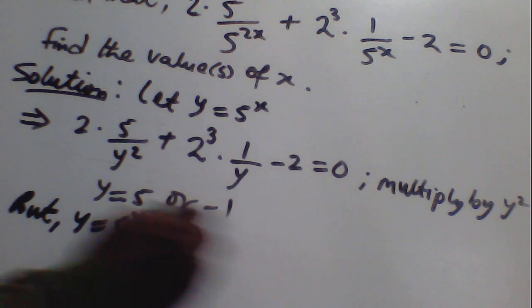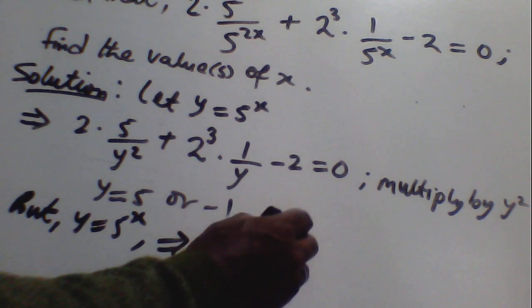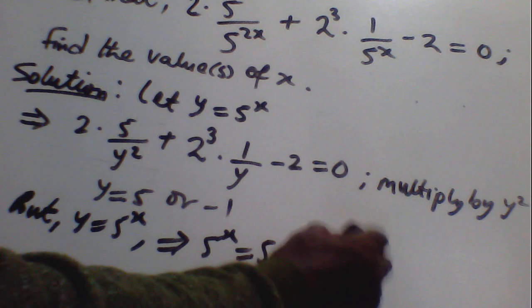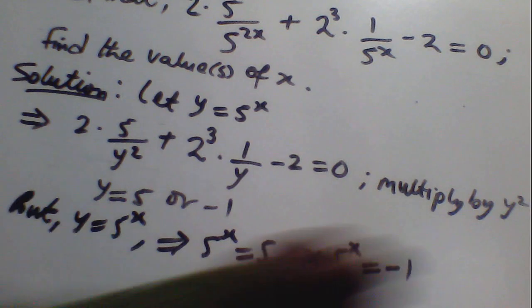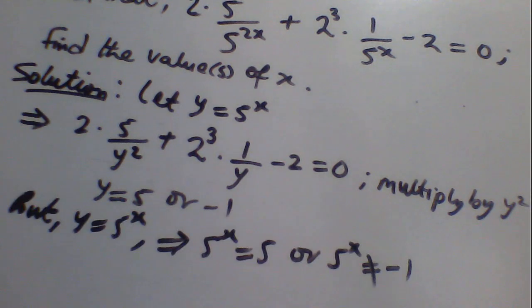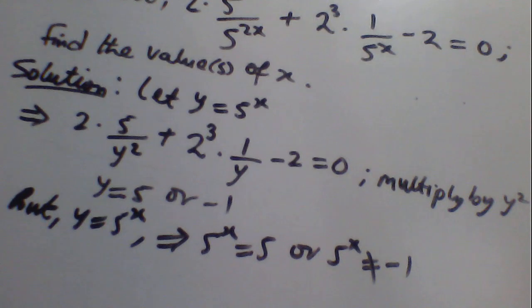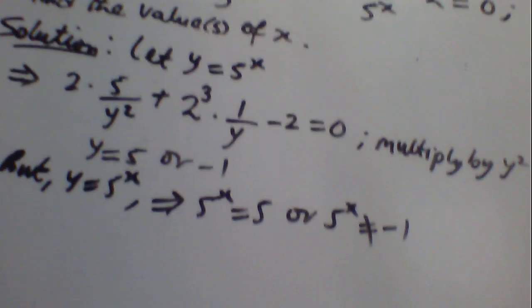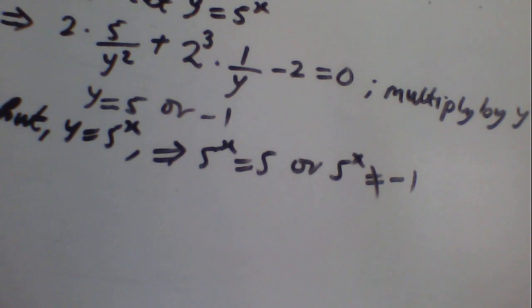This implies that 5 raised to the power x equals 5, or 5 raised to the power x equals minus 1. This is not a solution, because 5 raised to the power x cannot be minus 1. Though you may try to solve it, you can't get it, it will give an error.